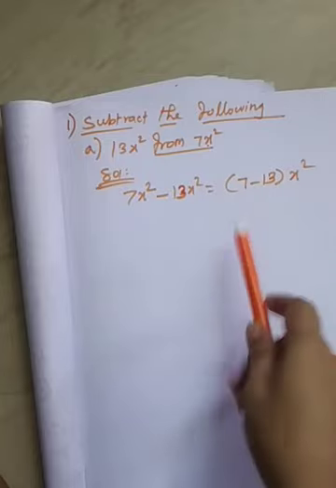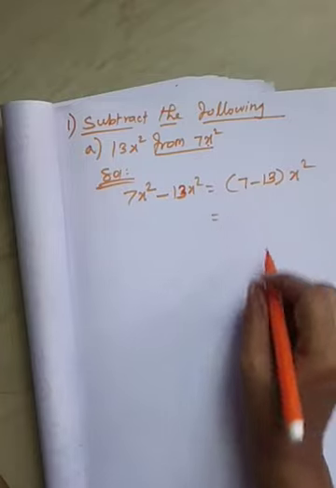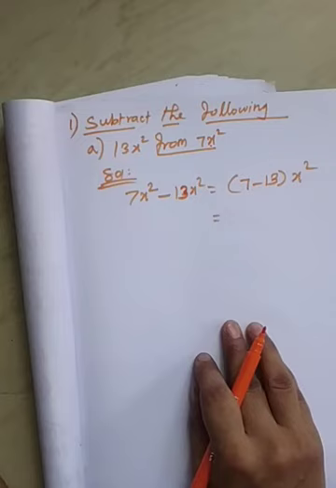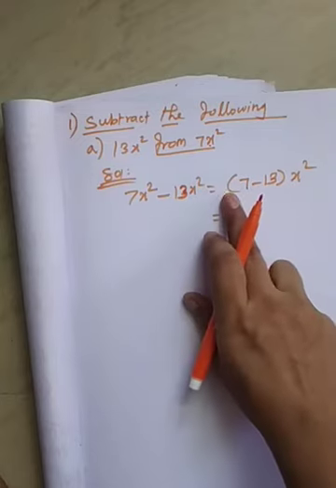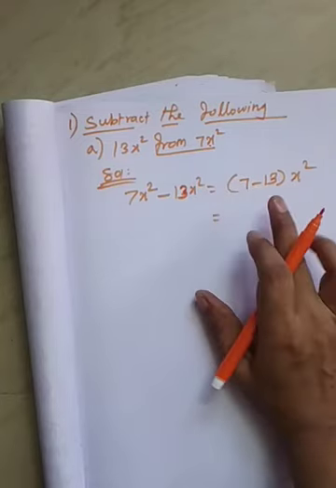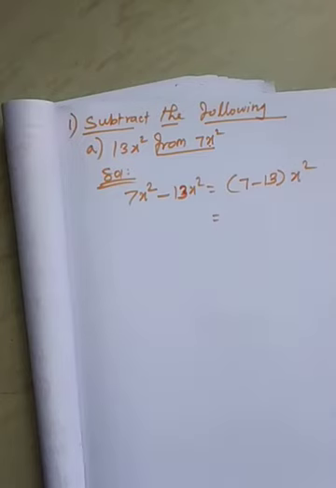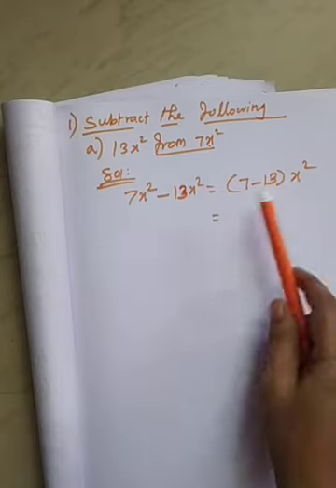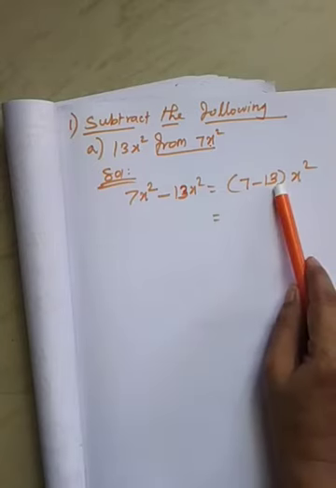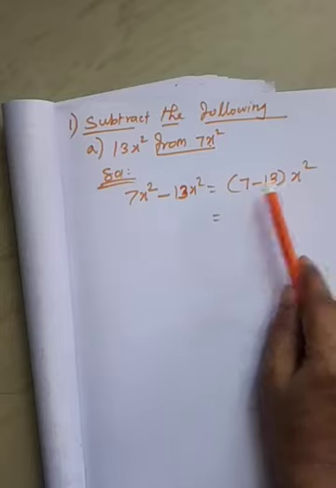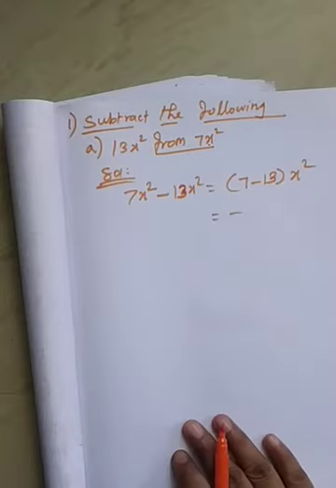So which sign do you have to use in the answer? See, already I told you. When the signs are different, you have to see the largest value and take that sign. Which one is largest? 13 is larger, and that sign is minus. So you have to put minus.